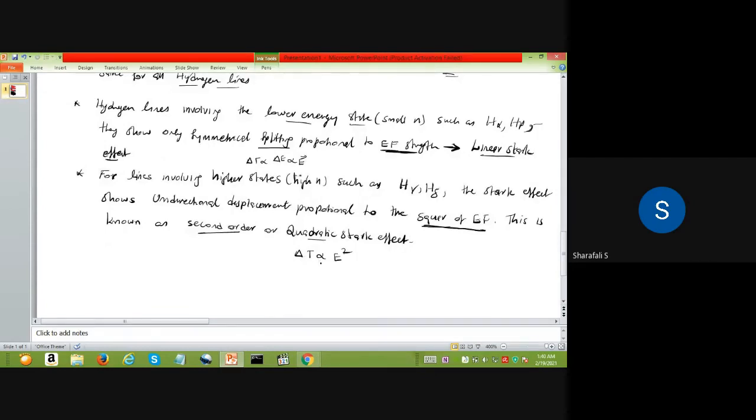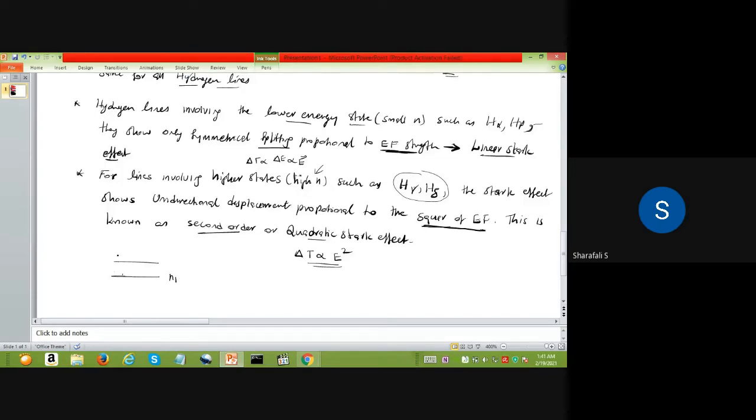This happens when you consider the higher states with high n values. If you consider H gamma, H delta like lines, they come from higher order levels. I hope you know the Balmer series: N1 will be here, and all other levels N2, N3, N4 are coming here.